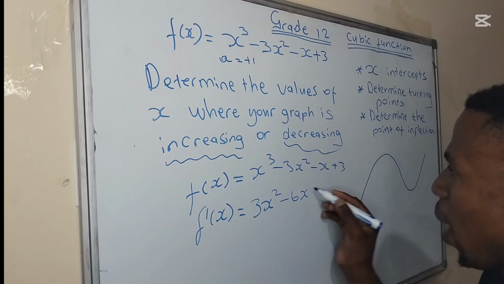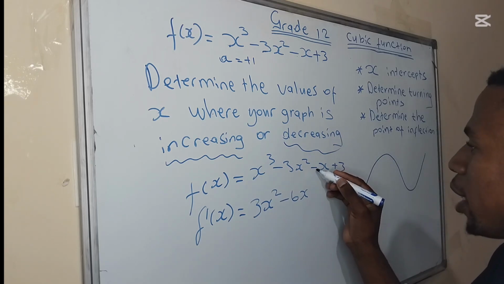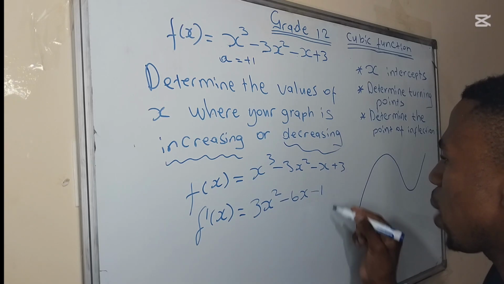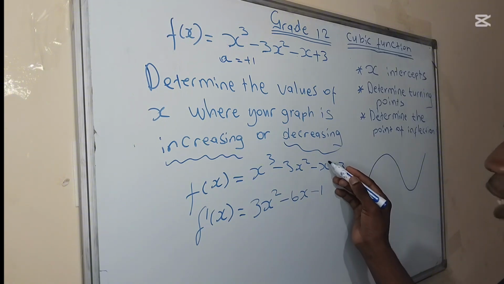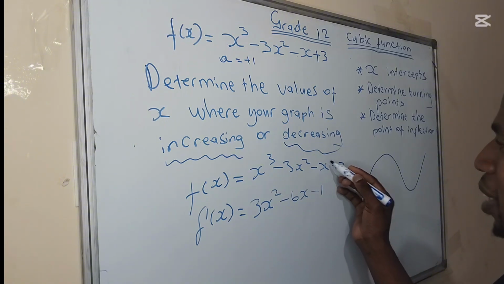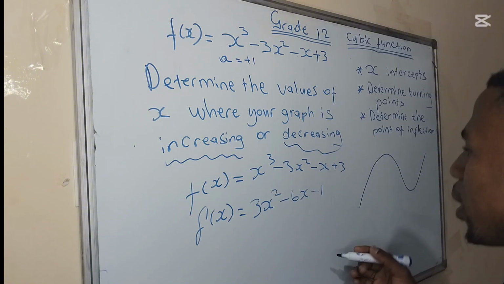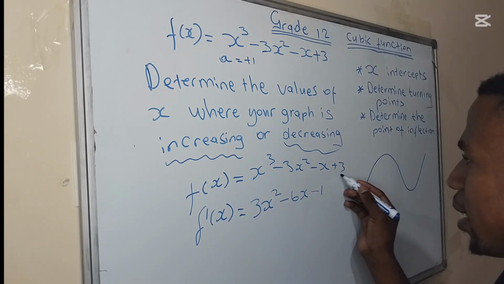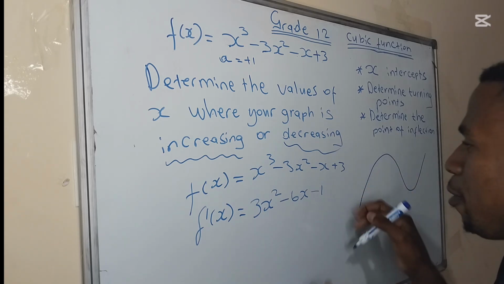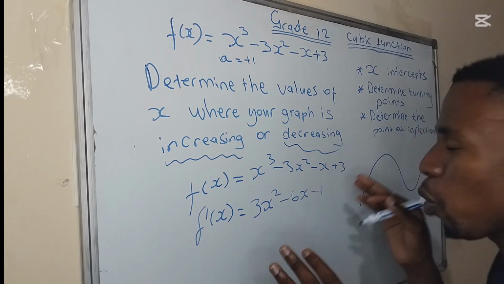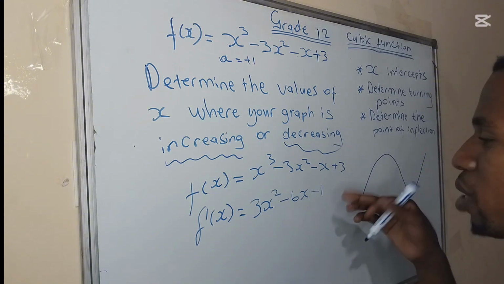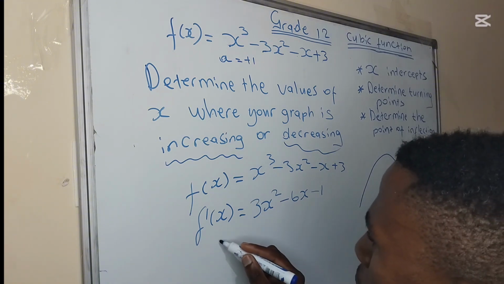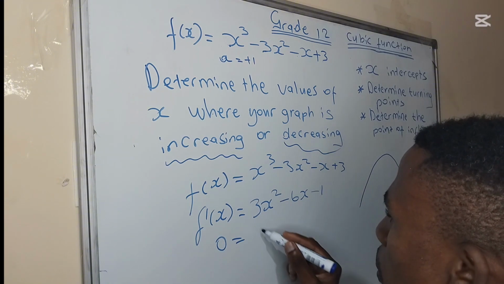We have an invisible 1. Then 1 multiplied by negative 1 is minus 1. Then subtract 1 from this exponent, 1 minus 1 is equal to 0. Anything to the power 0 is equal to 1. So this is just a constant. Whenever you derive, your constant automatically becomes 0. So let's equate our first prime to 0.